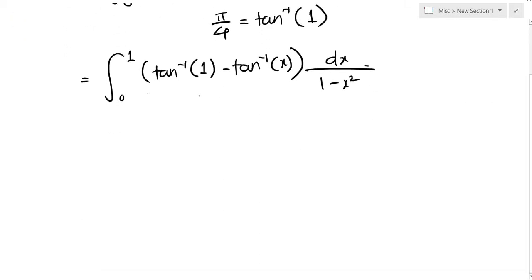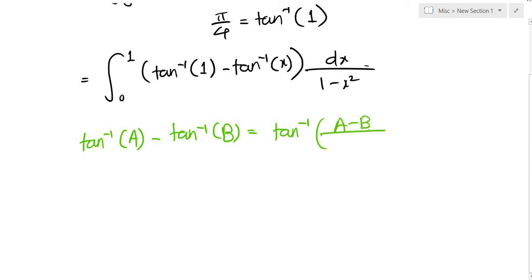Now why is writing this as a difference of inverse tangents useful? It's because of the following fact. It's because we have this great identity. Say we have the inverse tangent of A minus the inverse tangent of B. That's nothing but the inverse tangent of A minus B upon 1 plus A times B. And in our case, A equals 1 and B equals x.